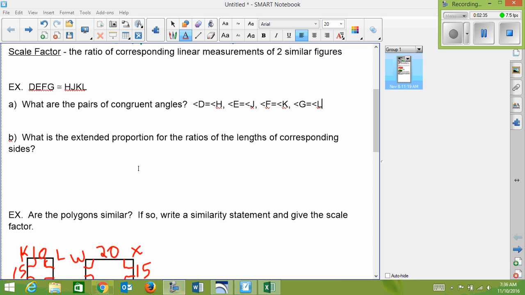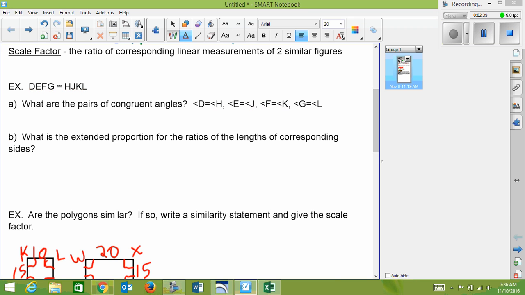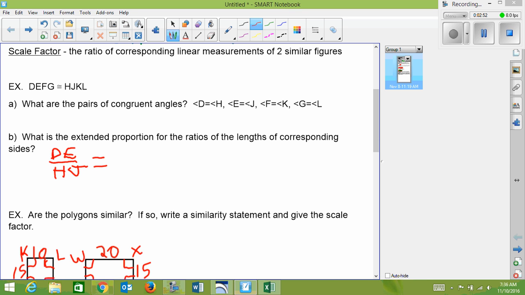We've done that before. So what is the extended proportion for the ratios of the lengths of corresponding sides? Now you're looking at the sides and trying to figure out how they match up, and how I can write that in a proportion. If I start with side DE, it matches up with HJ. Then EF matches up with JK on the other one.